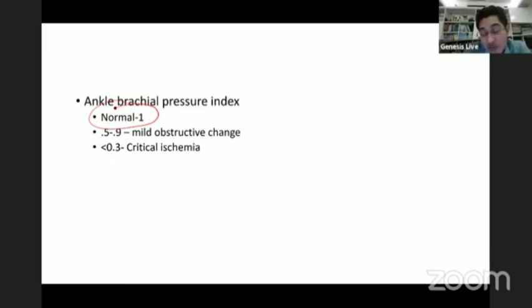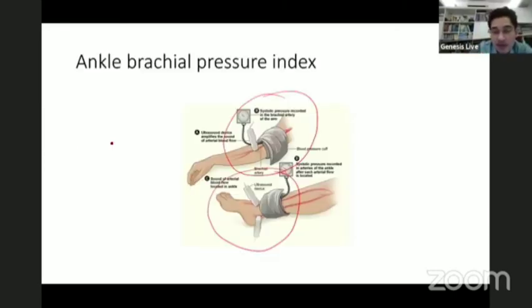If it is somewhere between 0.5 and 0.3, that means severe ischemia. If it is less than 0.3, that means critical ischemia. Very good test. You must do this. If you have a handheld Doppler, it is quite easy to do. Even if a handheld Doppler is not there, you can still do it. It's not a big problem.